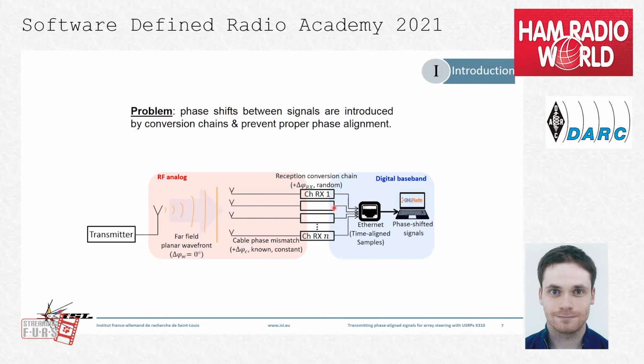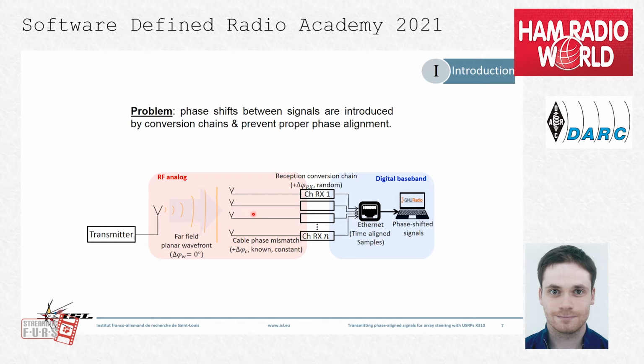And the array is used as a receiver, so the received signals are digitized and can be visualized in GNU Radio. A reference transmitter is placed perpendicular to the array so that the planar wavefront that is received doesn't induce any phase shift between array elements.